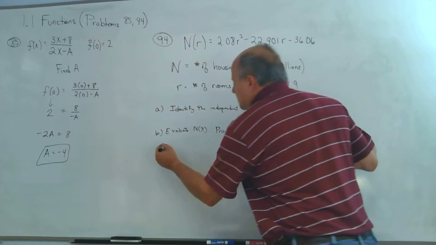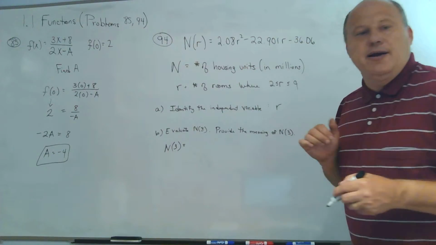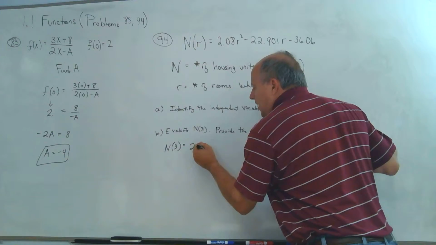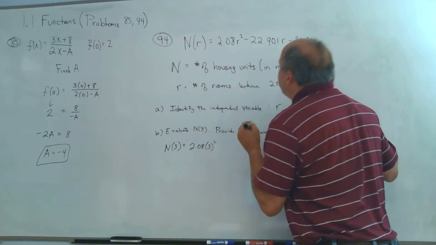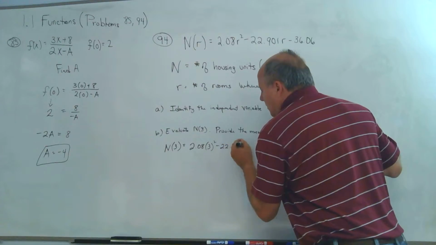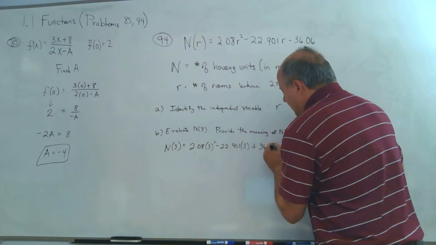Now, I didn't do this prior to the video. I usually do this before the videos, but I didn't actually evaluate n of 3. So it would be 2.08 times 3 squared minus 22.901 times 3 plus 36.06.